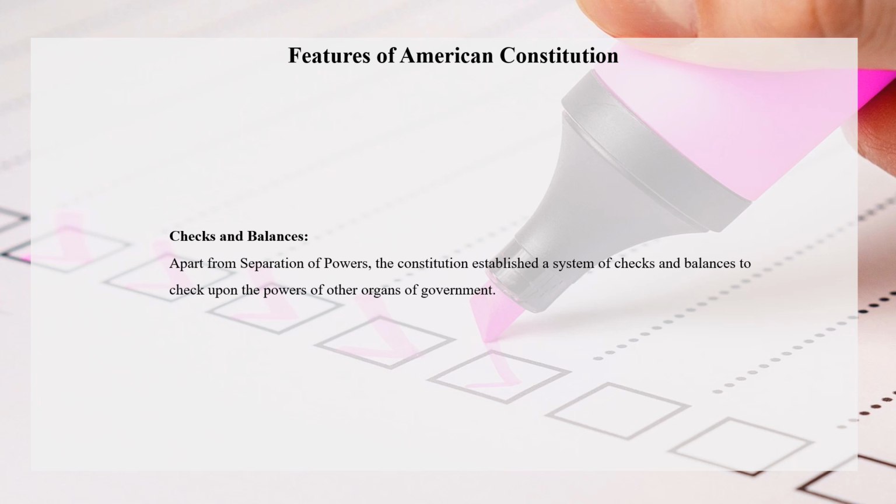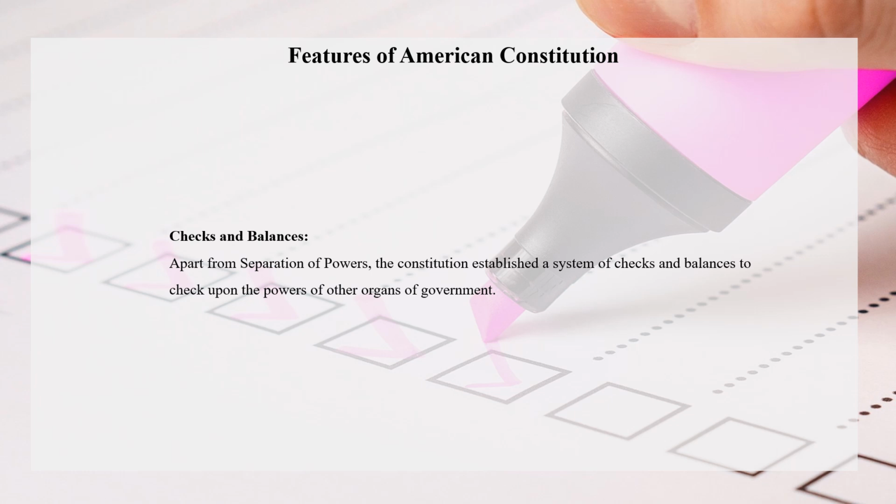Seventh, checks and balances. Apart from separation of powers, the Constitution established a system of checks and balances to check upon the powers of the other organs of government. For example, all appointments and treaties made by the President require the approval of the Senate.